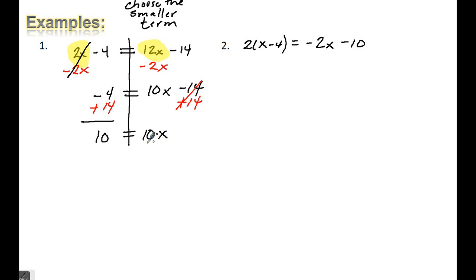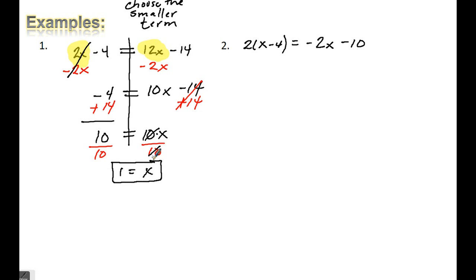You have 10 times x, and if it's multiplying, the opposite is to divide. So we divide both sides by 10, which cancels the 10s, leaving us with an x, and 10 over 10 gives us a value of 1. Therefore x equals 1.